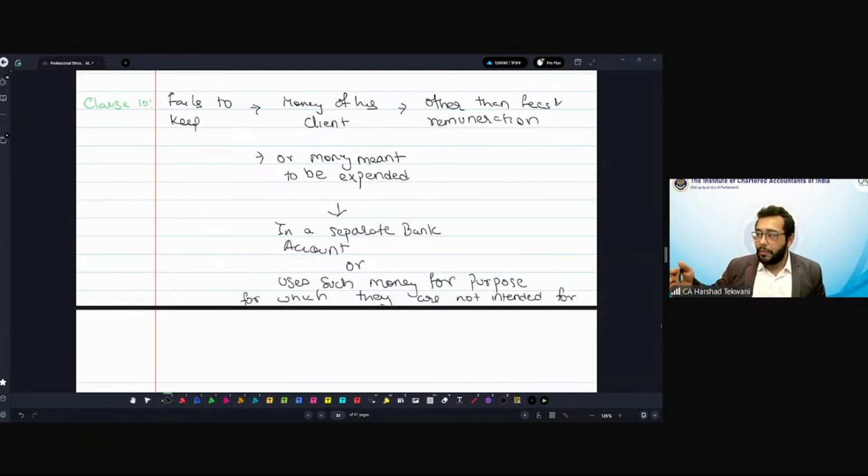If I do not use it and the money lies there for that particular purpose, let's say I was supposed to pay tax, but I do not pay the tax, I still have kept the money in a separate bank account. So that part is there still. Any doubt till now? Any doubt?